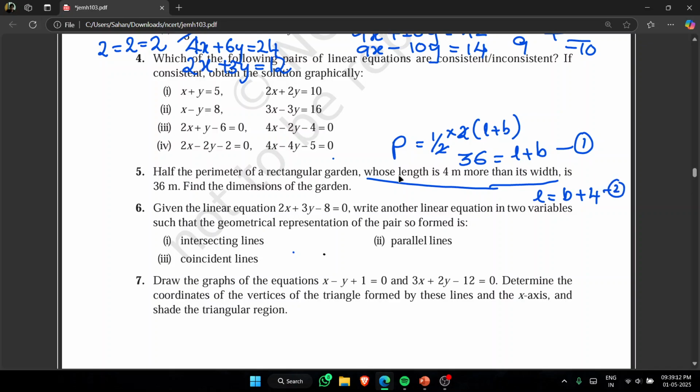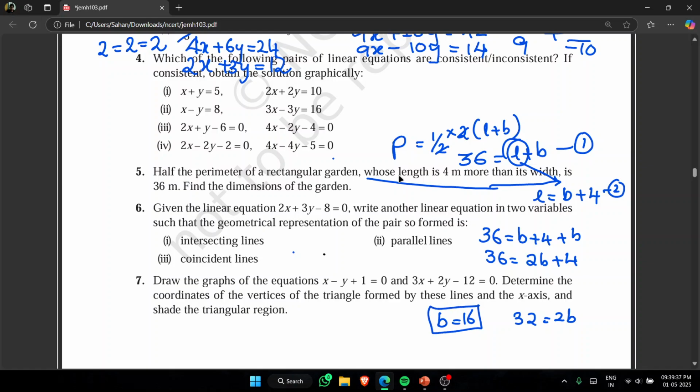In equation 1, 36 equals, in place of L I substitute B plus 4, plus B. Then 36 equals 2B plus 4, then 32 equals 2B. B is 16. And how much will L be? 16 plus 4, L equals 20. Done, we have solved the fifth question.